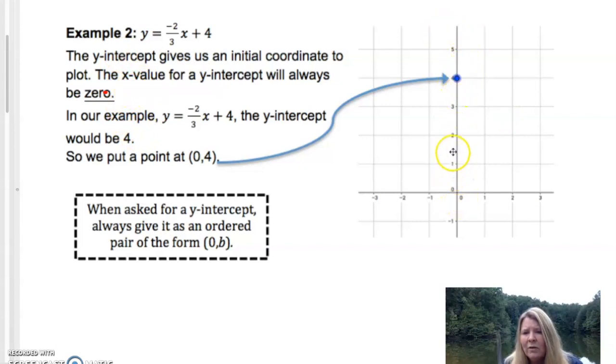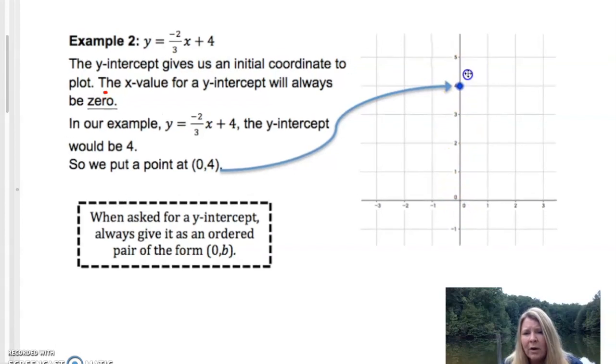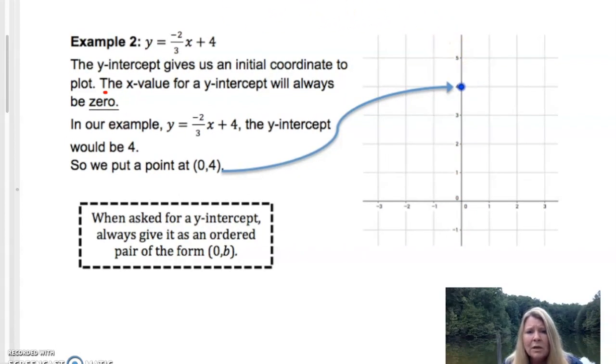The x value on that line is always 0, no matter what point I'm using on the y-axis. See, that would be the point (0, 4). If I were here, this would be the point (0, 3). Here, that's the point (0, 2). You can see that the x value on this axis is always 0.